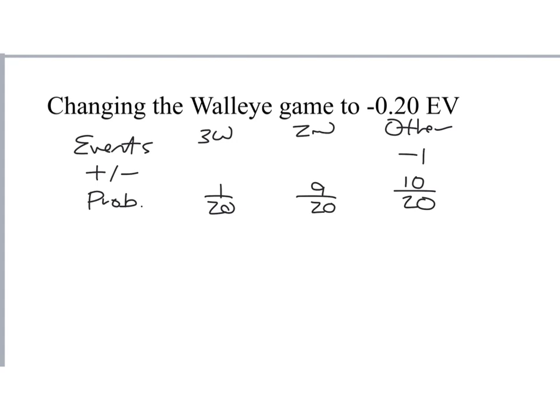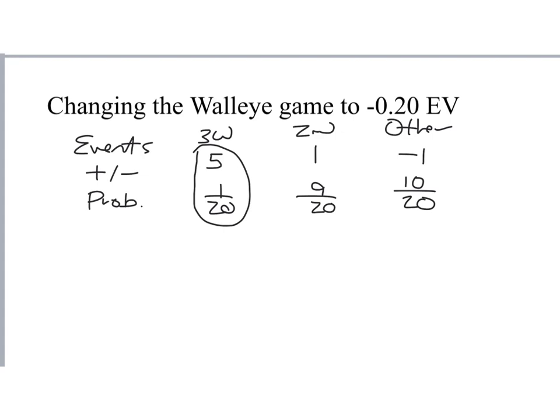I'm going to go with $5 for this one, because thinking ahead, I'm going to be multiplying these together, so that's going to be 5 out of 20. The 2 walleyes is going to happen 9 out of 20 times, almost half the time, so I can't go real crazy with the prize here. I'm thinking either $1 or maybe just making this a break even. So let's start with $1.